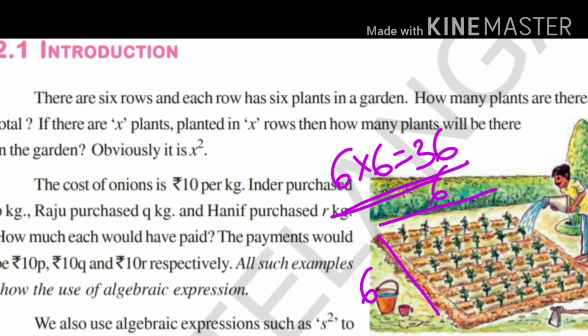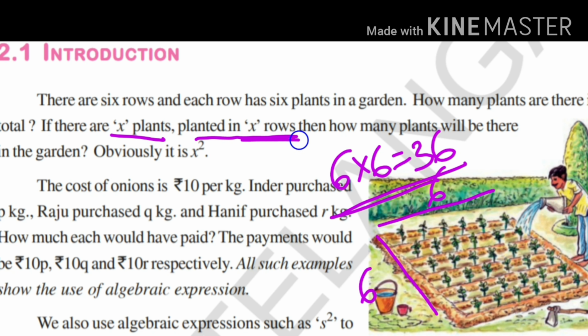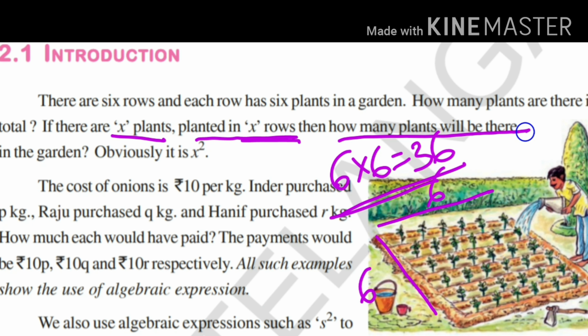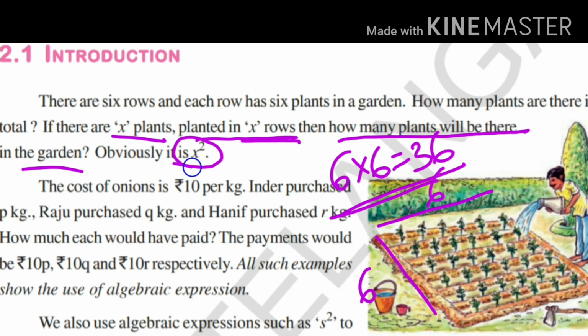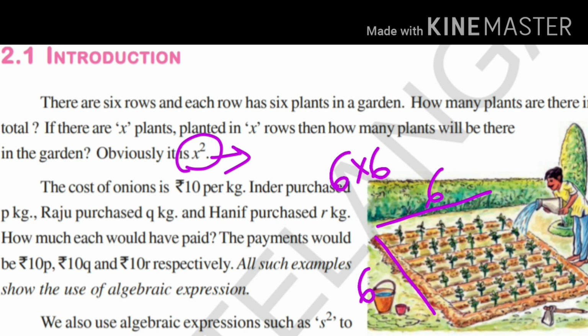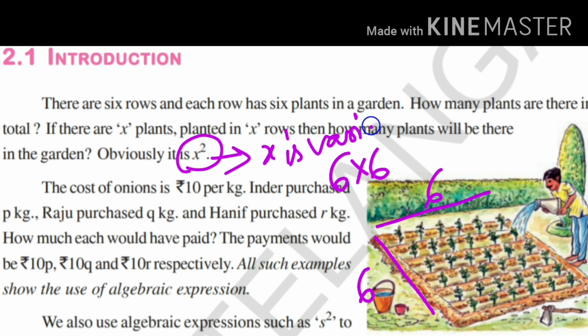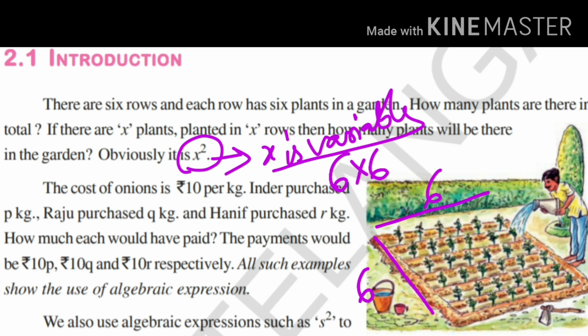Without knowing the number of rows, if there are x plants planted in x rows, the number of rows and plants being the same, then we can calculate the number of plants by x into x, that is x square. Here x is called the variable, and we can count the number of plants using the x square formula.